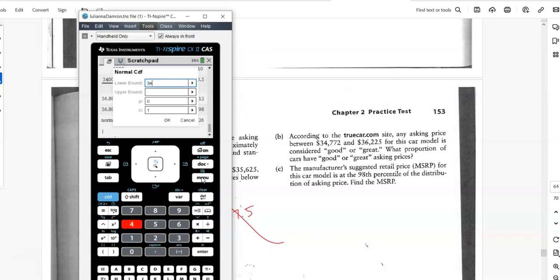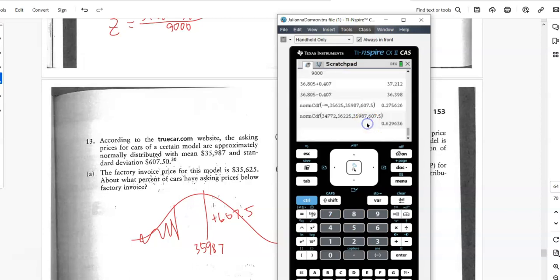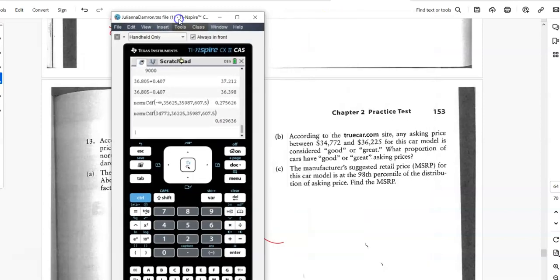So we want 34,772 to 36,225. The mean was, I forgot, 35,987, and standard deviation 607.5. That gives 63% for that one.